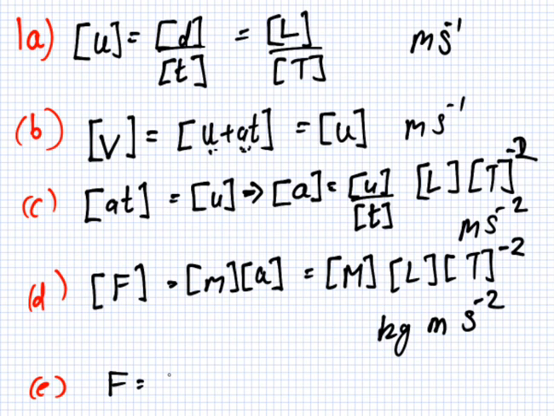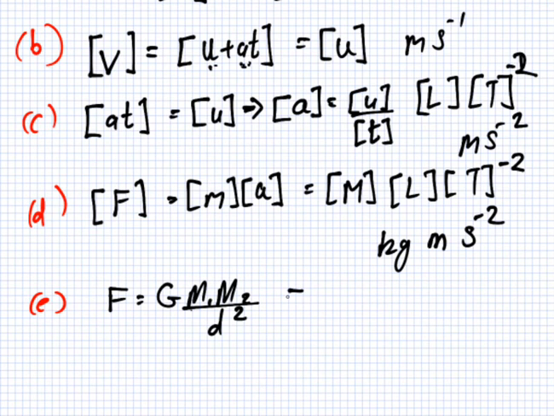F equals G M1 M2 over D squared, then that means that G equals F D squared over M1 M2.